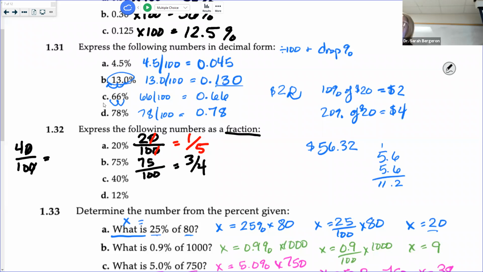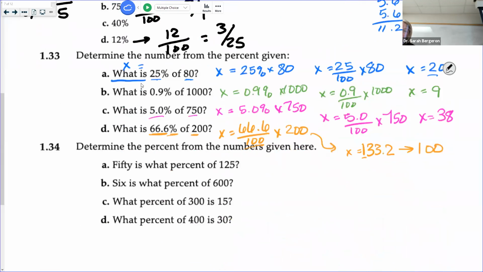What's that? 2/5. Okay, and then the last one, 12 divided by 100. What do we get? Good. All right, not too bad.